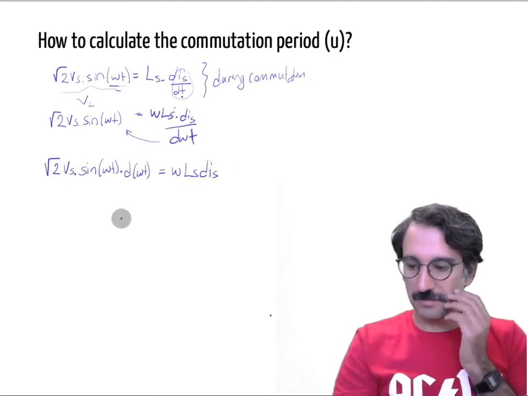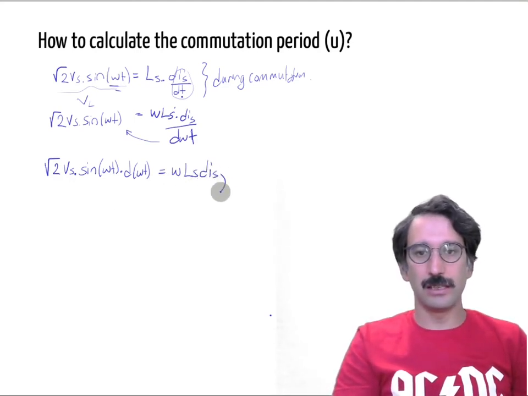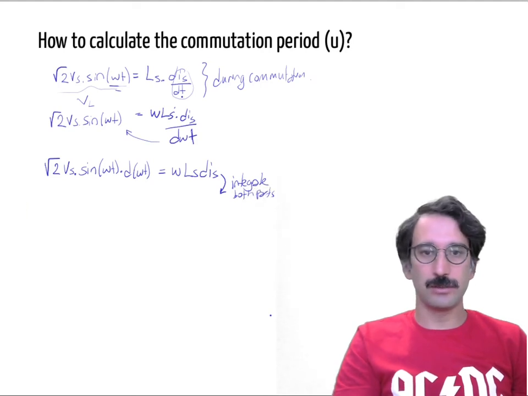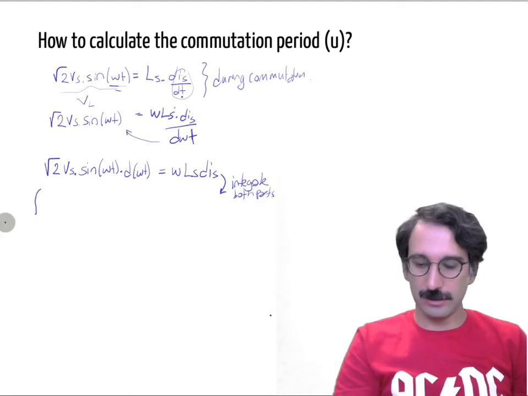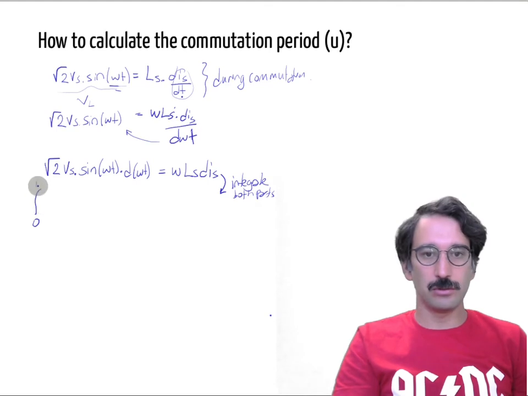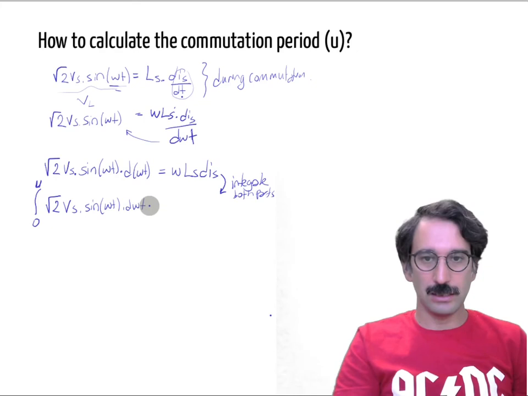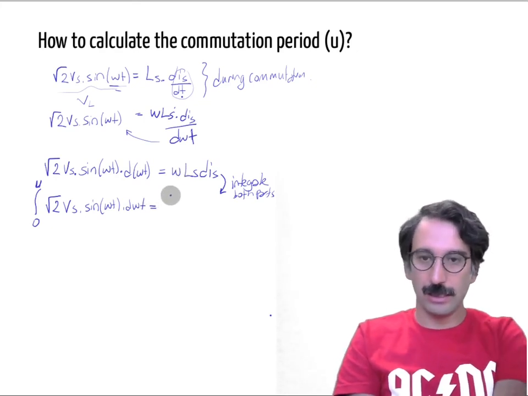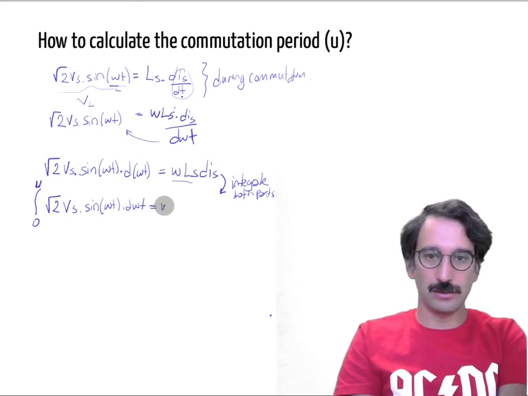dis. So I need to take the integral of both parts, and if I integrate, let's say from 0 to u, so u is the end of the commutation, so I'm trying to get that area, Vs times sine omega t d omega t, and that one is equal. So how can I calculate? I mean, these two are constants.